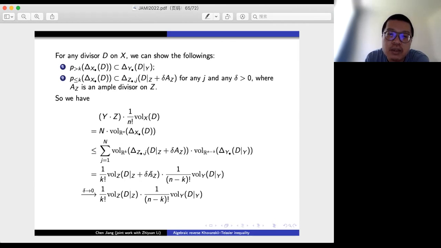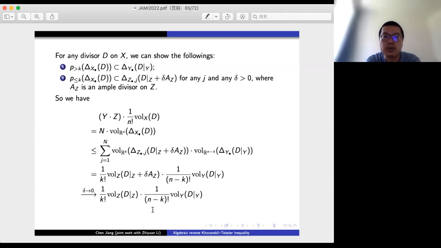Okay, and then as this projection holds for any delta, we can take delta to be 0. Then by the continuity of volume, we get this inequality, right? So then the volume of D is bounded from above by the volume of D restricted on Z and D restricted on Y up to some constant.